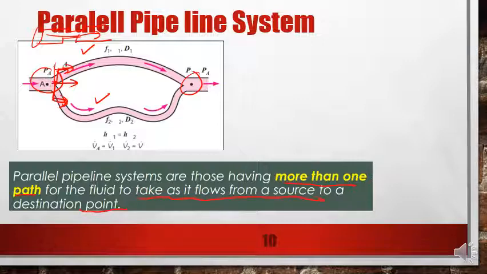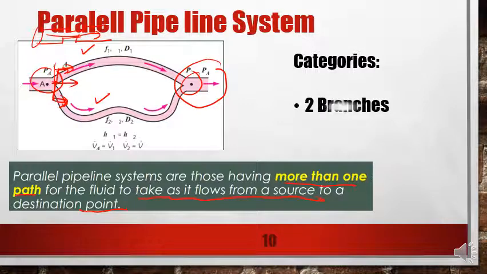So it has its own destination point. For a parallel pipeline, it has two categories. Actually it's more, but for your level, we're just going to cover two categories, which are two branches and three branches. If it's more than three, it is a complex pipeline system.